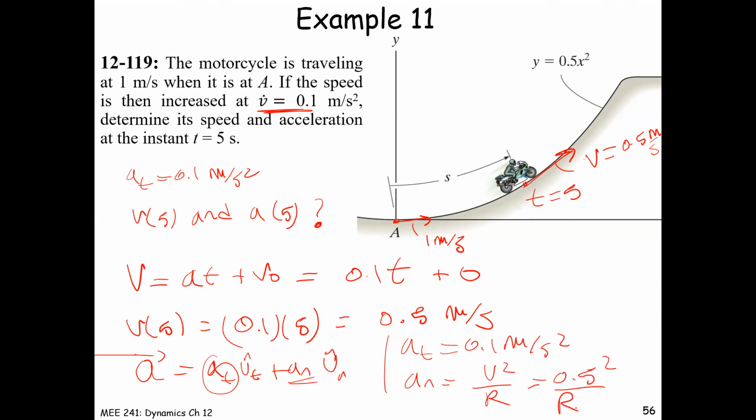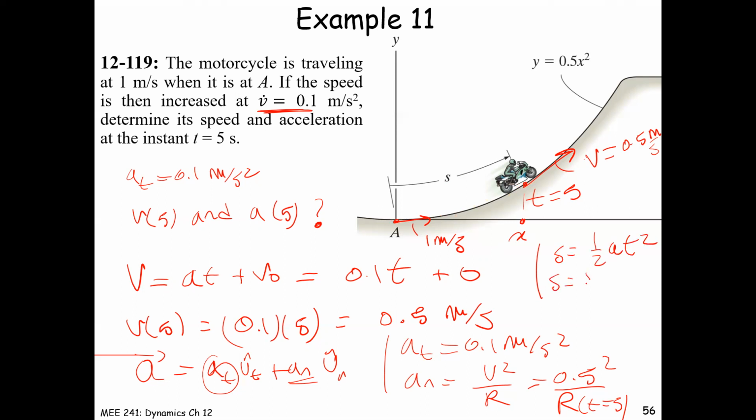So we still need to know R at T is equal to 5, right? Because the radius of curvature is basically changing. So in order for you to do that, you have to be able to actually calculate what X is. Maybe we can actually calculate S, right? We can calculate S by doing the integration of V. So S is going to be equal to 1 over 2 AT squared because you have a constant acceleration, right?